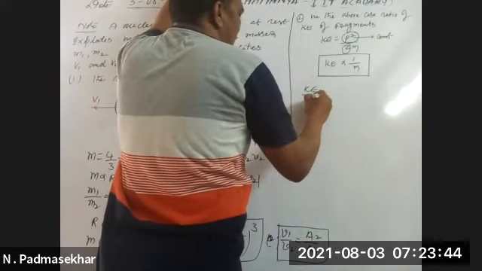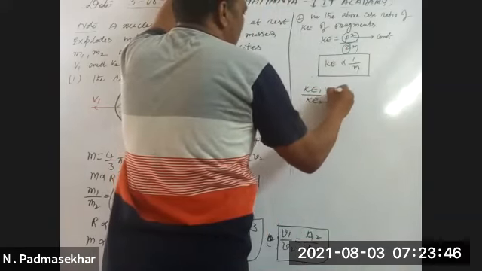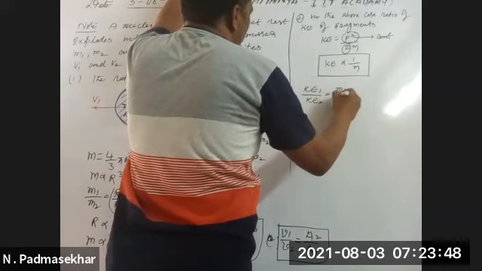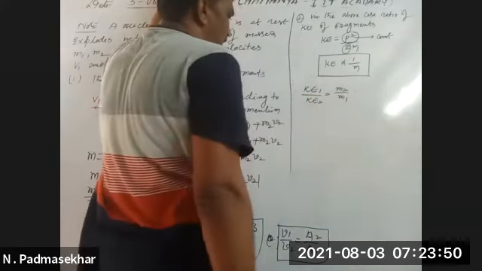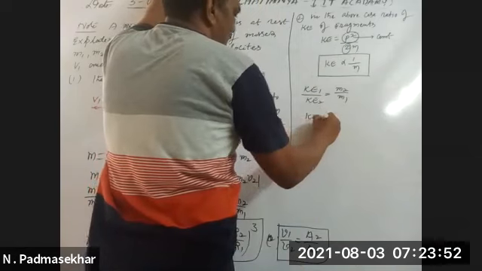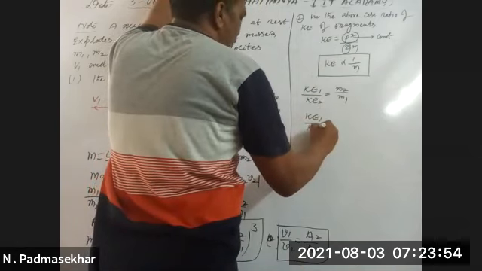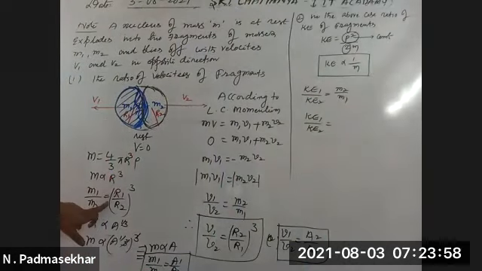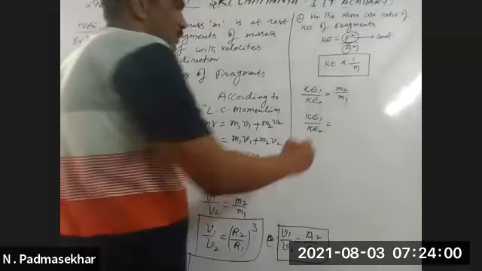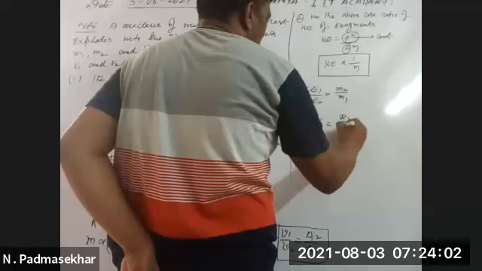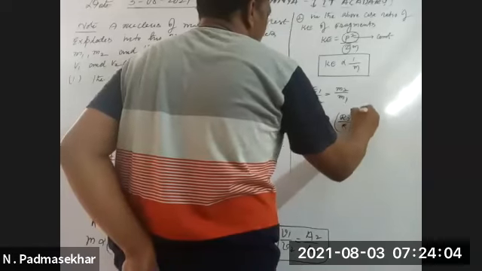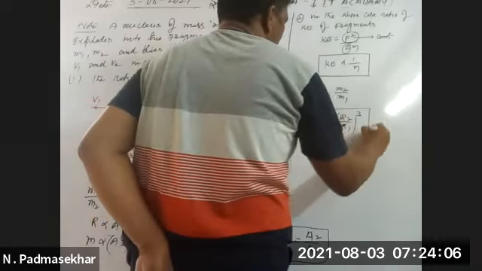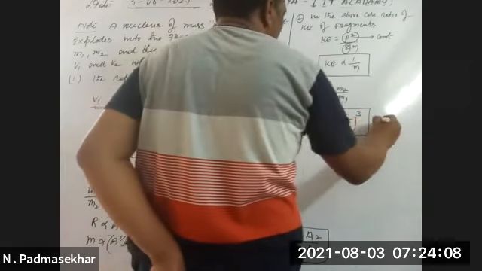That is KE1 by KE2 is equal to m2 by m1. M2 by m1 is nothing but r2 by r1 whole cube.